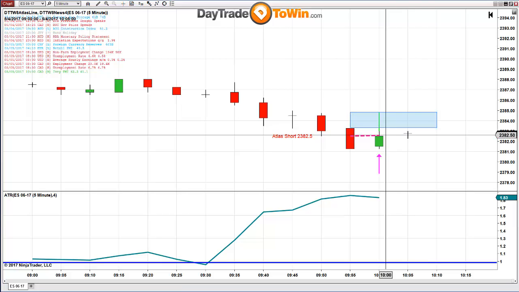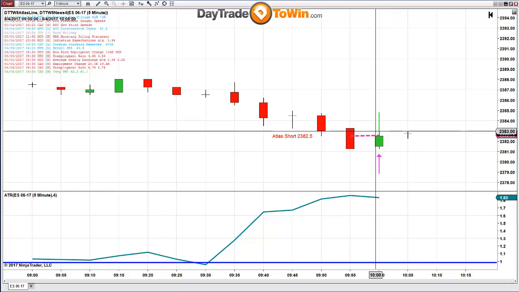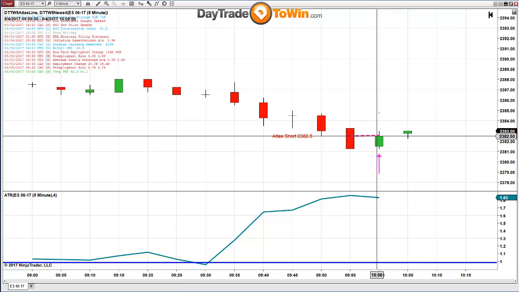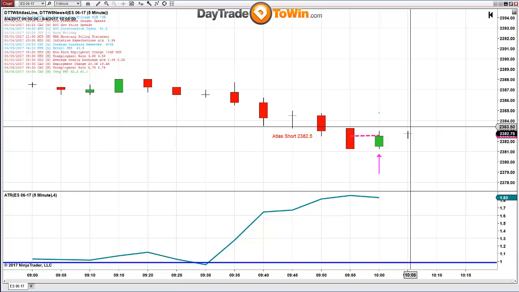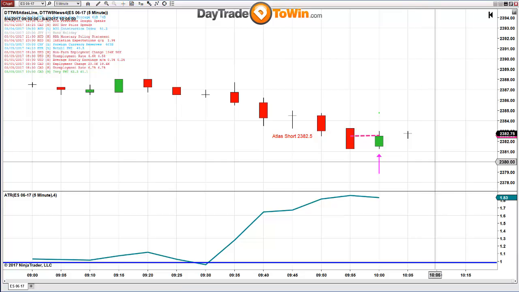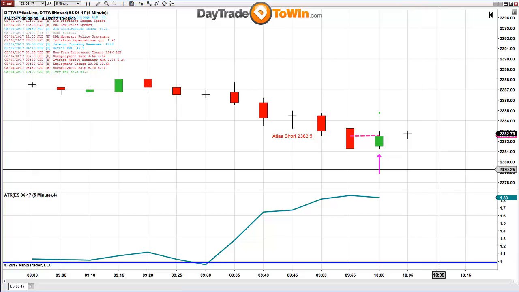Look how close this is actually occurring. This signal happens right under the Atlas line. If this candle closes where it is, a few ticks higher, you're immediately out of the trade because you have proof it's not going in your favor. So the prove it stop is there to protect you with a smaller loss.